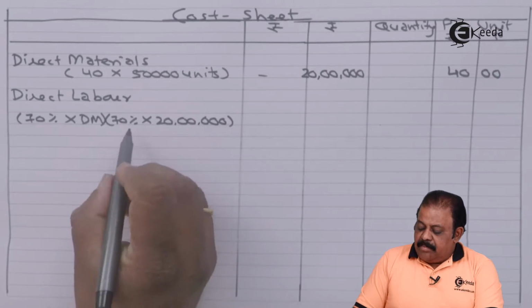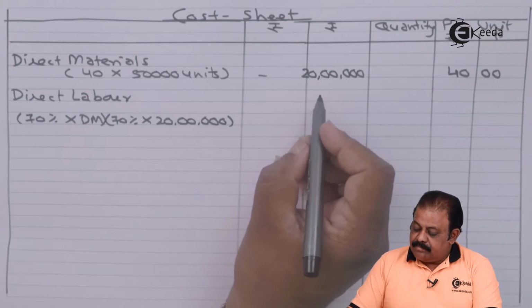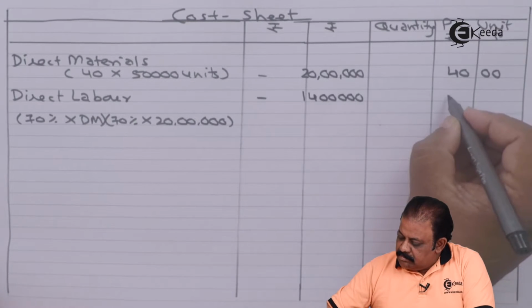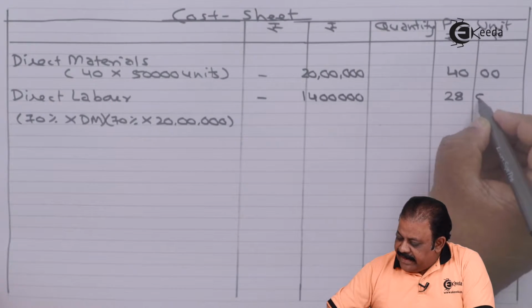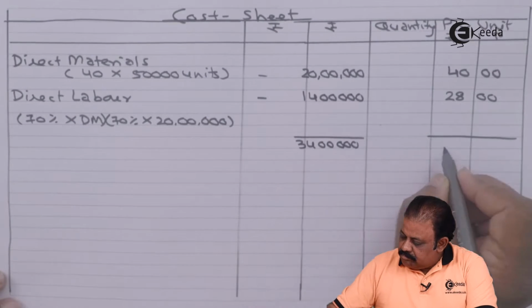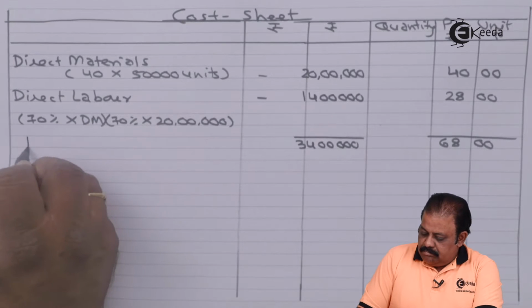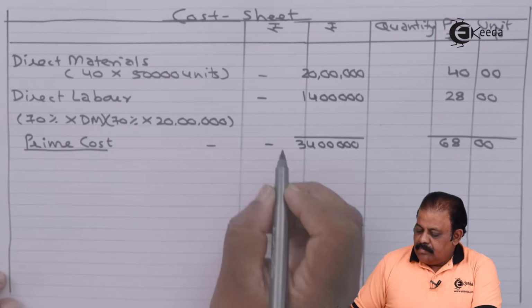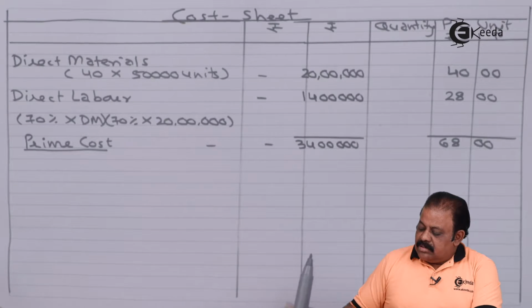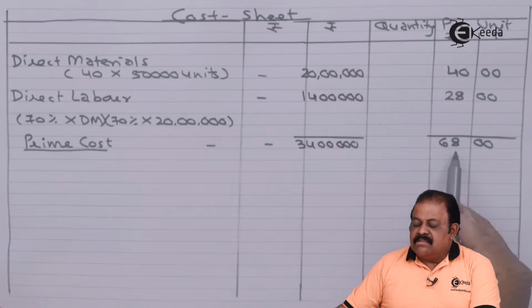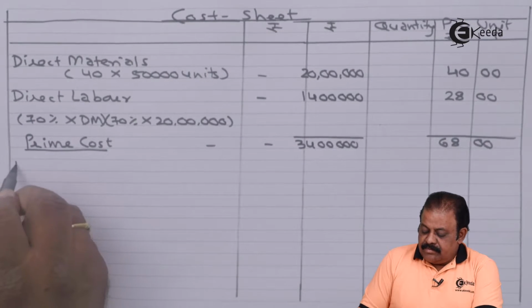So it will be 70% of 20 lakhs. So it will be 14 lakhs, per unit rupees 28. So we got prime cost 34 lakhs and per unit it is rupees 68.